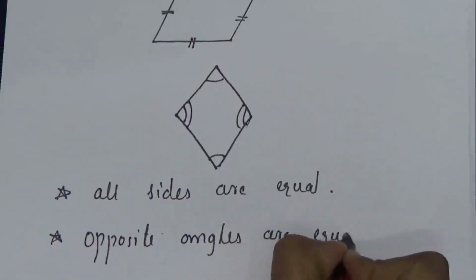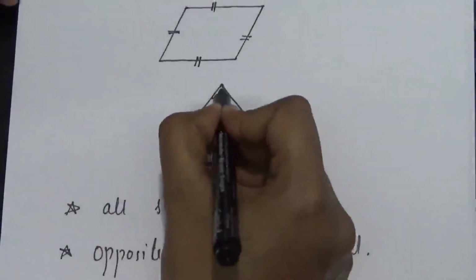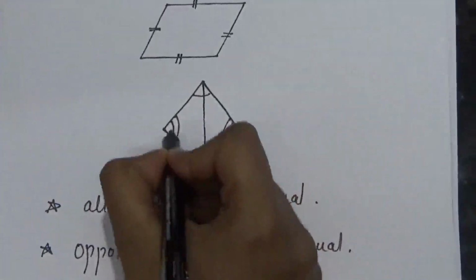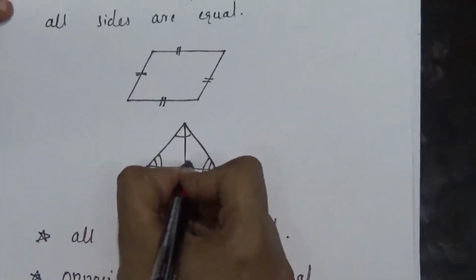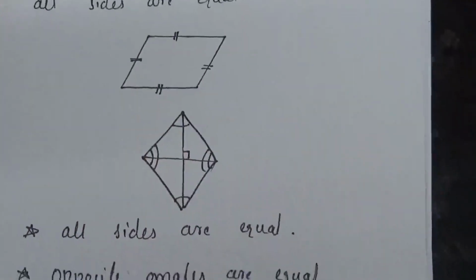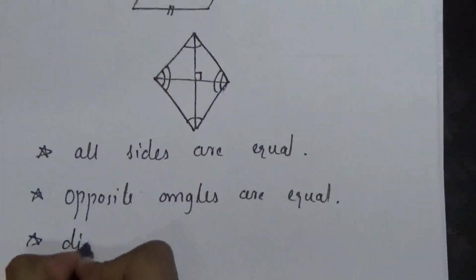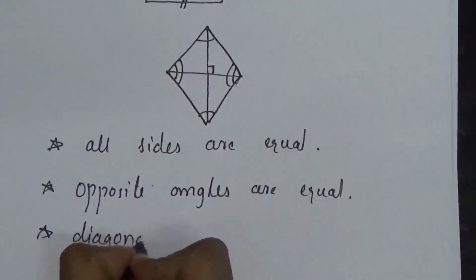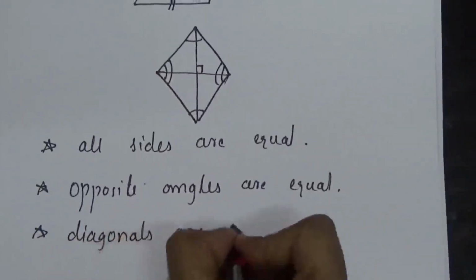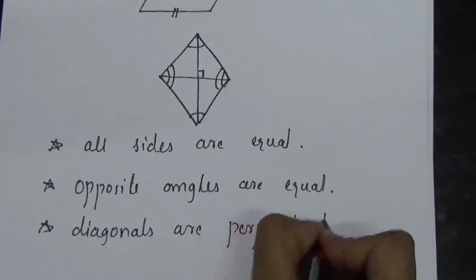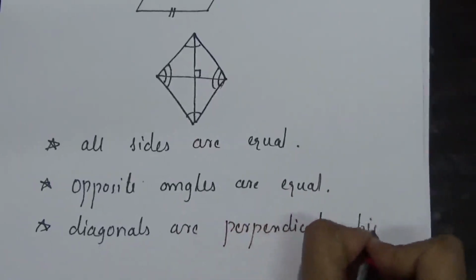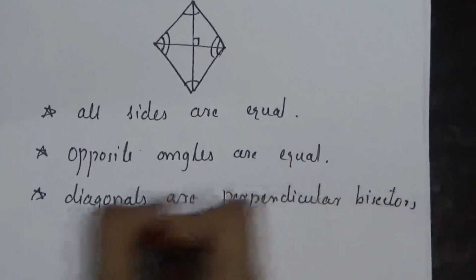Now what about the diagonals? Diagonals bisect each other and this forms 90-degree angles. So we can say that diagonals are perpendicular bisectors of each other.